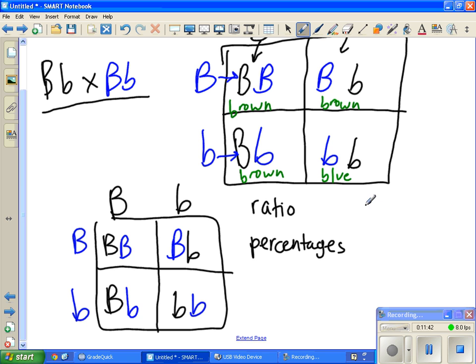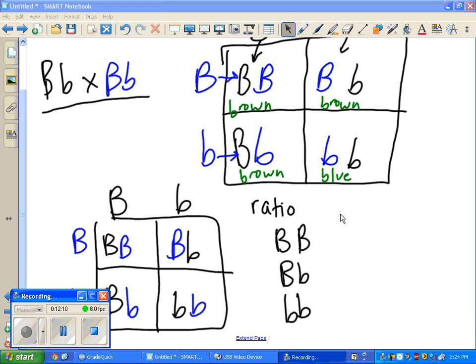Sorry, had some technical difficulties there. So all the genotypes that you see, let's just do ratio right now. Let's erase that word percentages. All the genotypes that we see in this test cross as a result are homozygous dominant, we see heterozygotes, and we see homozygous recessive.